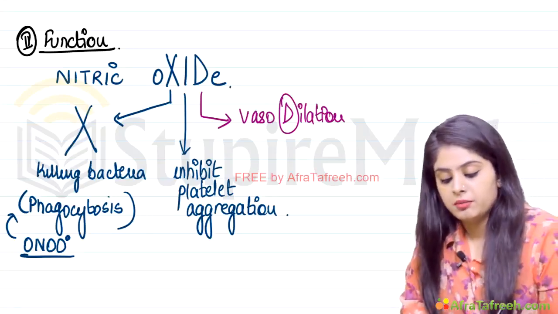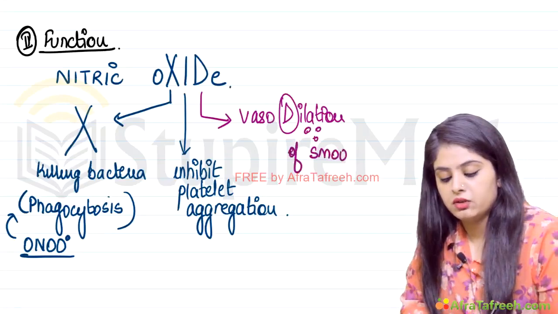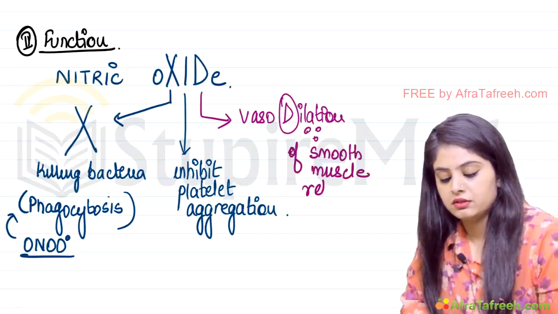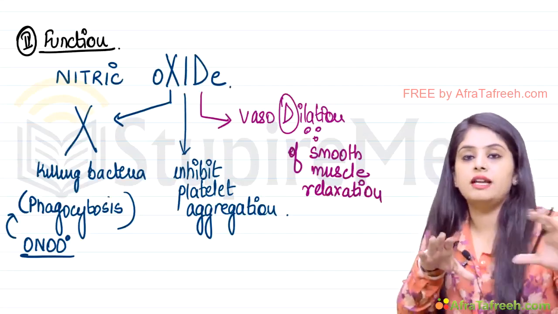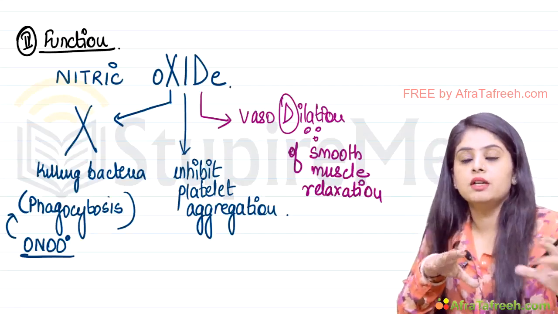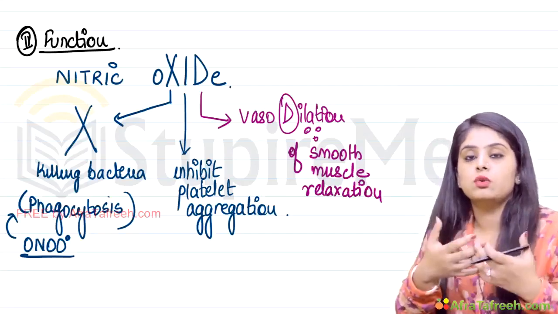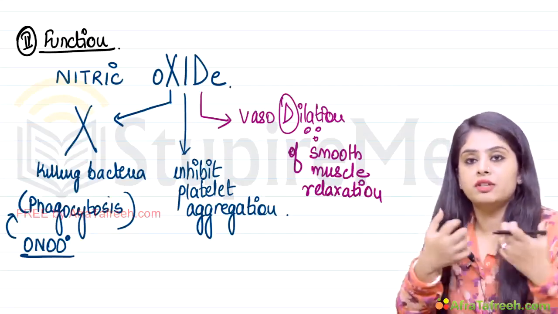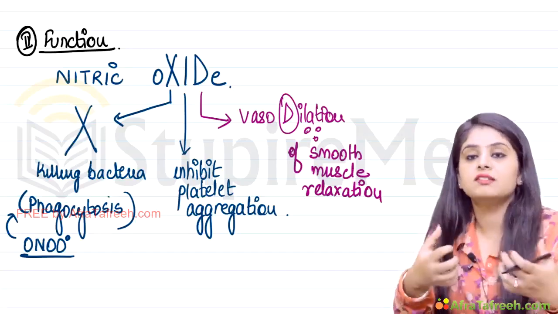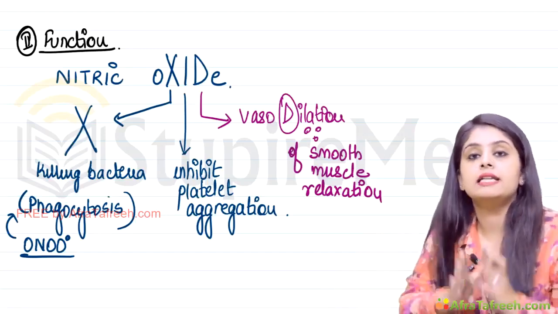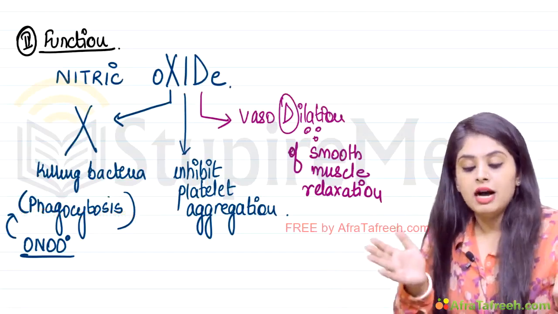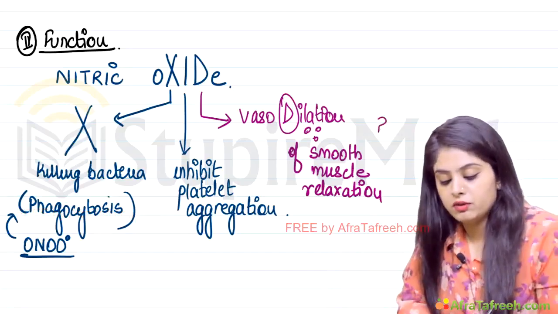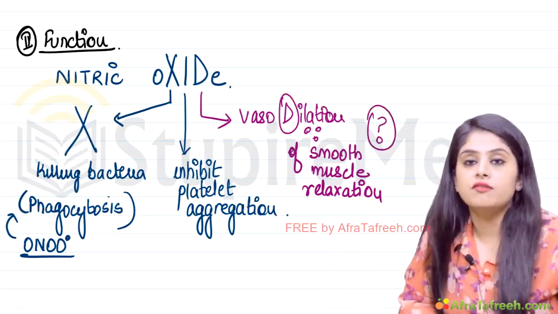Why? Because of nitric oxide causing smooth muscle relaxation. Now what happens is that the blood vessels are lined by this muscle coat. The smooth muscles are going to relax. When the smooth muscles relax, the vessel is going to dilate, increase in diameter. How does this happen? So this is one of the most asked mechanisms of nitric oxide.